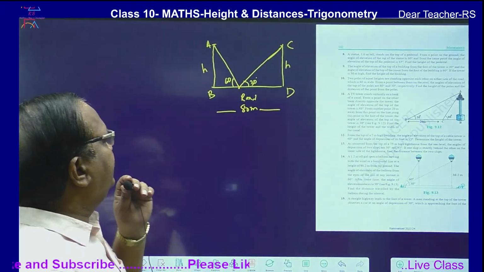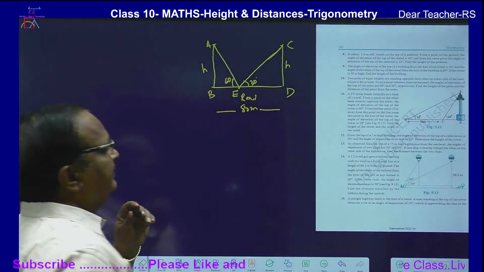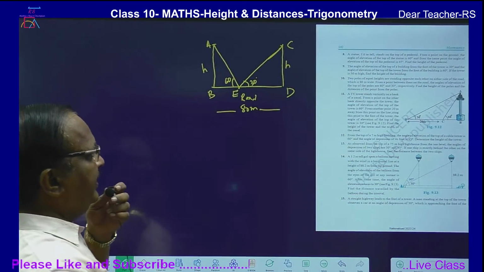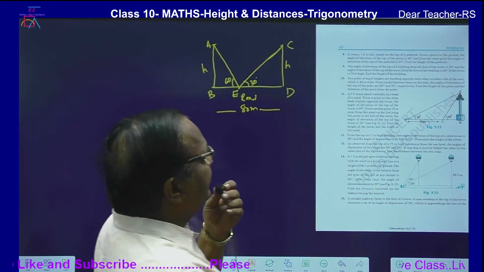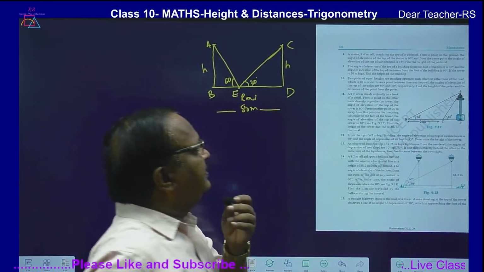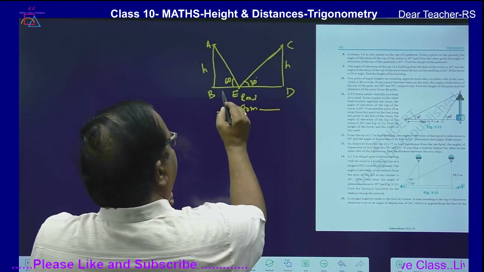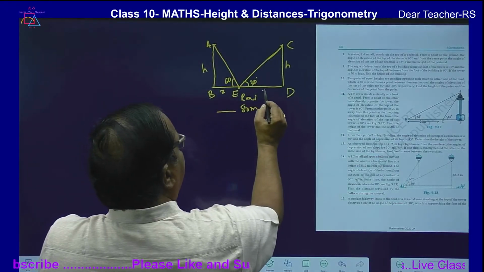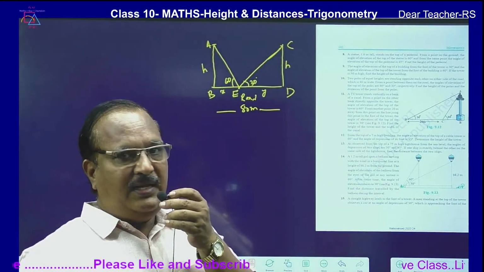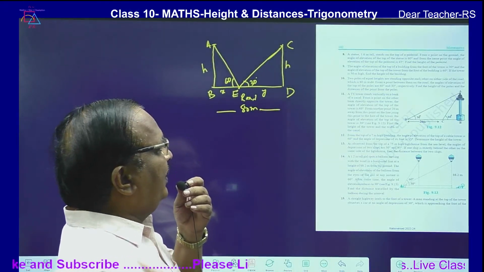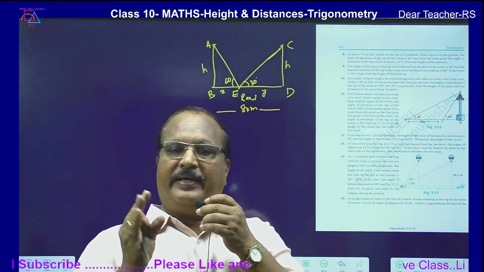Let us say this point is E. Here also there is no need of hypotenuse. He asked to find the height of the poles and the distance of the point from the poles. Let us say this is X and this is Y. X plus Y is equal to 80. We have to find X, Y and H.